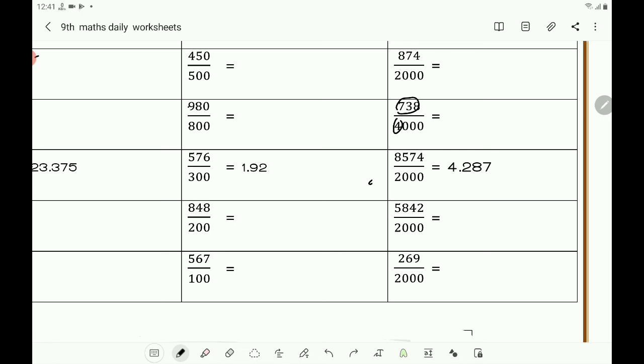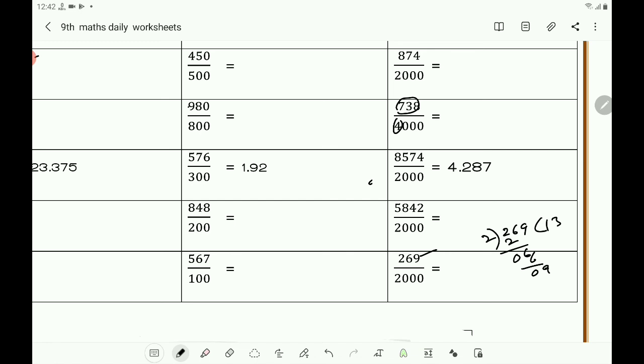And this is here 269 by 2000. You know that it is not divisible by 2. So first you convert it. Here you can convert this as 269 by 2 into 1000. Now you divide 269 by 2. 2 1s are 2. 6 you take. 2 3s are 6.